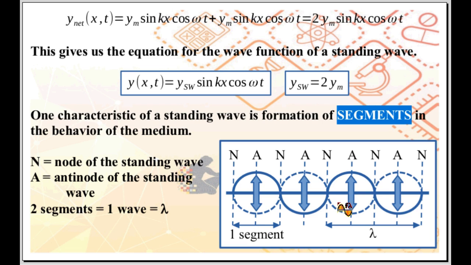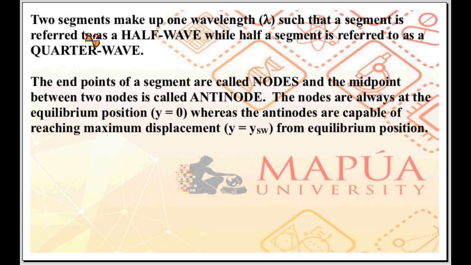The length of two segments is the wavelength of the wave. So, two segments make up one wavelength, one lambda. As such, a segment is referred to as a half wave, while half a segment is referred to as a quarter wave.